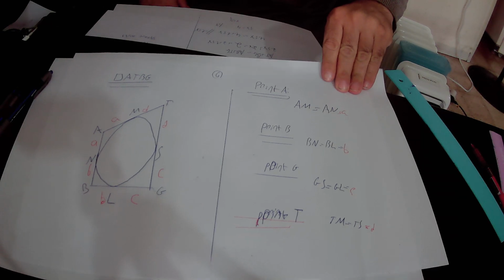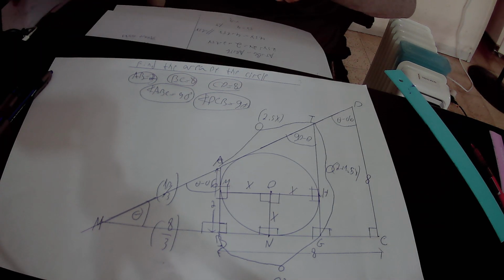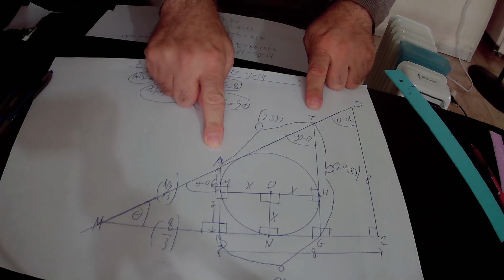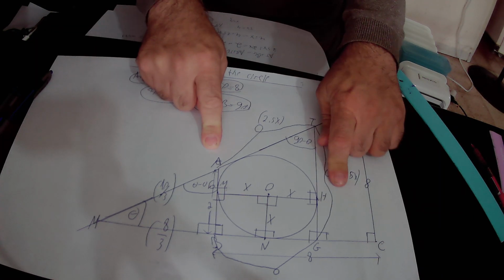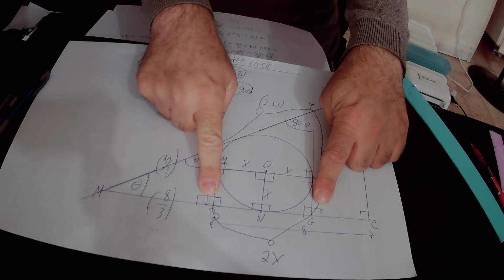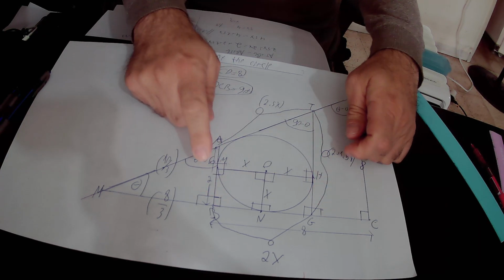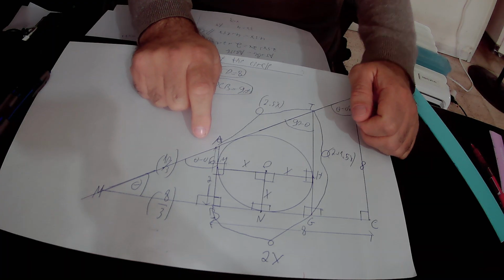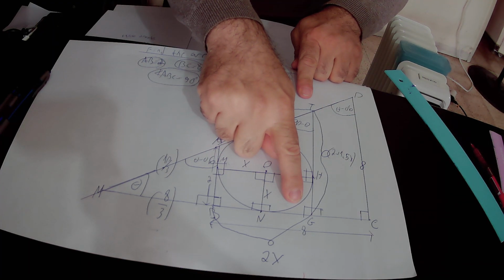So here, AT is 2.5x, so we substitute AT by 2.5x, plus BG is 2x, so we substitute BG by 2x, and it is equal to AB, which is 2, so we substitute AB by 2, plus TG is 2 plus 1.5x, so we substitute TG by 2 plus 1.5x.